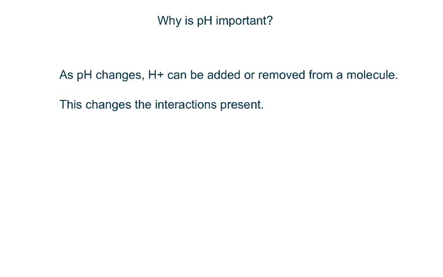So for example, if you have a proton on something, maybe say it's on an oxygen, this is a substance where we can have hydrogen bonding, but if the proton is removed, then that hydrogen bonding interaction would be broken.